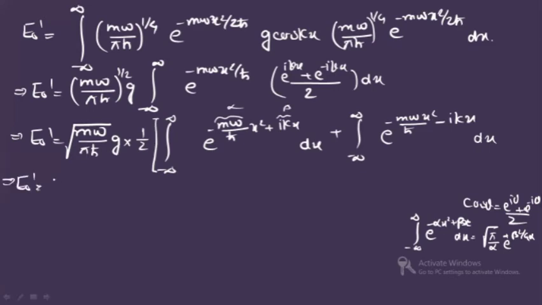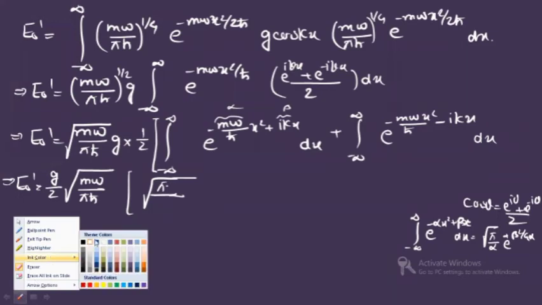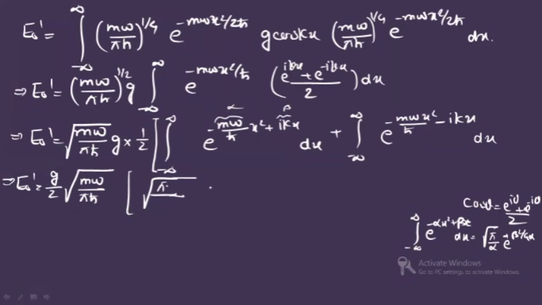So the entire term outside the bracket will be as it is, g by 2 root over m omega by pi h cut, right? And the first integration will become root over pi by alpha, and in our case alpha is m omega by h cut.